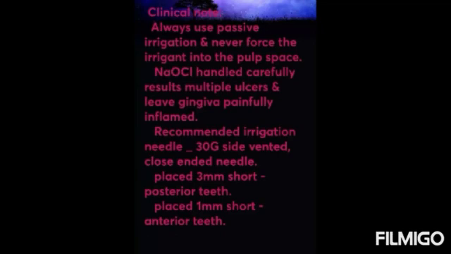To avoid flushing of the canal beyond the constriction, keep the needle passively fitting into the canal. Do not wedge it against the root canal wall. That's why we use a side-vented close-ended 30 gauge needle.